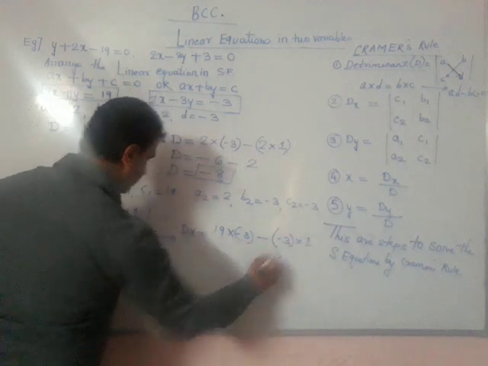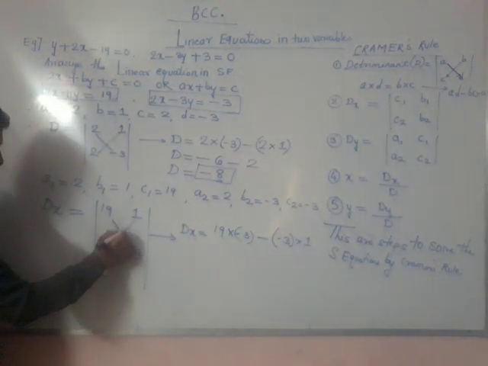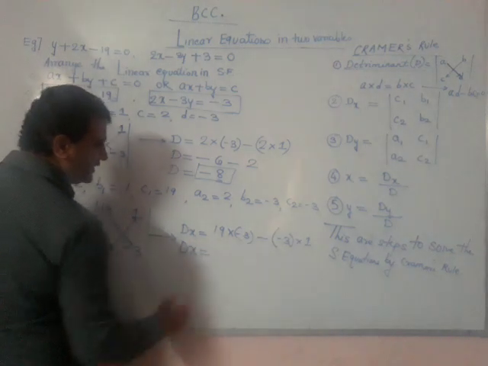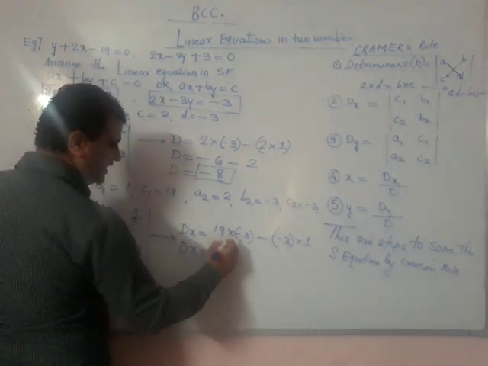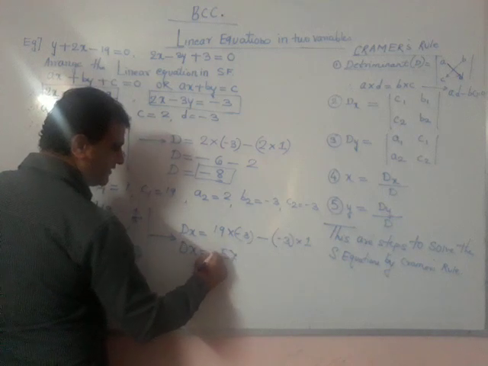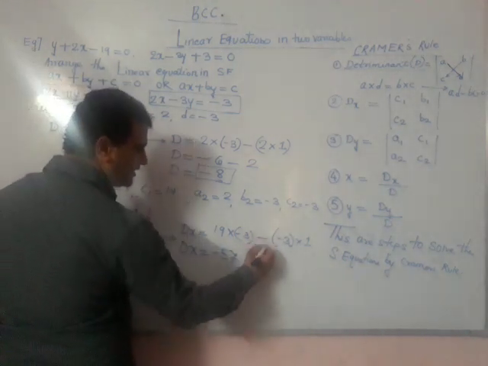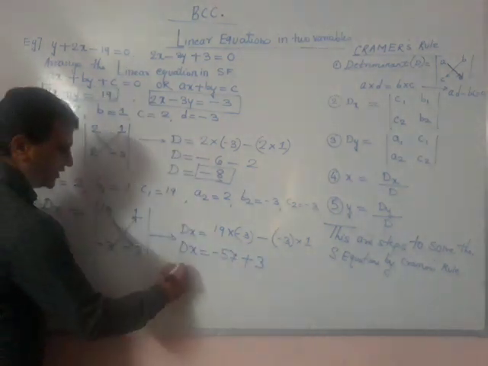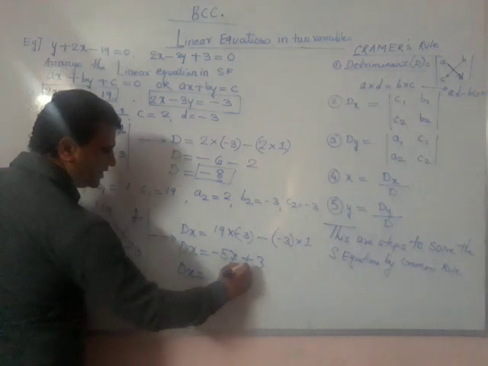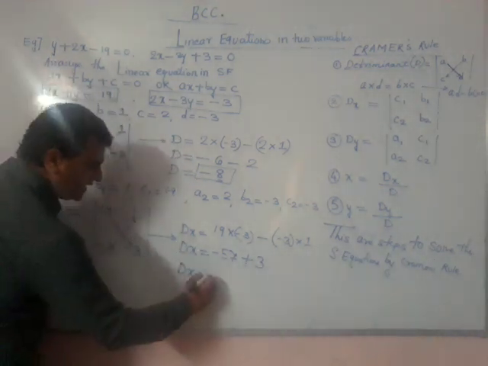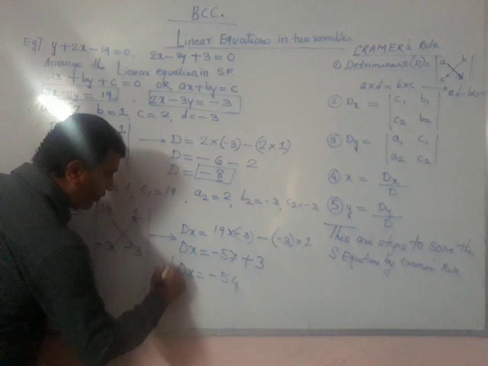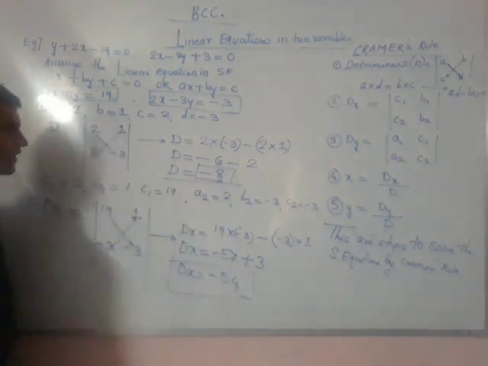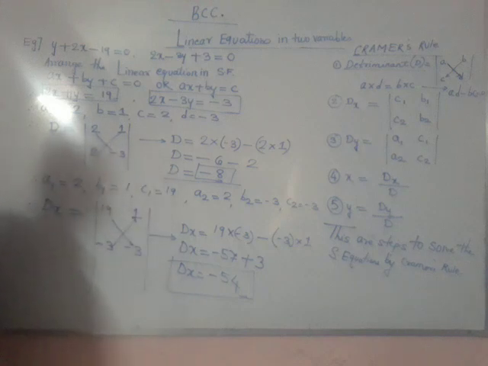So determinant x is equals to 19 threes are, 3 nines are 27, 57, minus 57, minus minus plus, 3 ones are 3. So determinant x is equals to minus 57 plus 3 is minus 54. So here I got determinant, and determinant x.